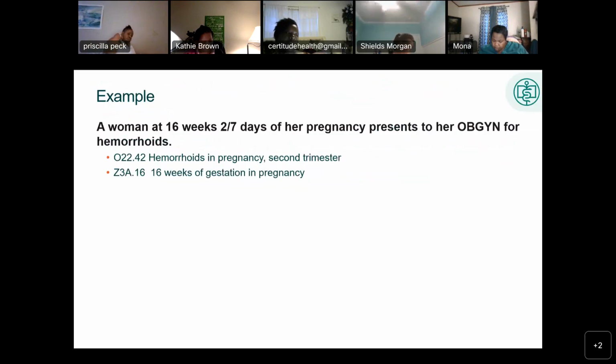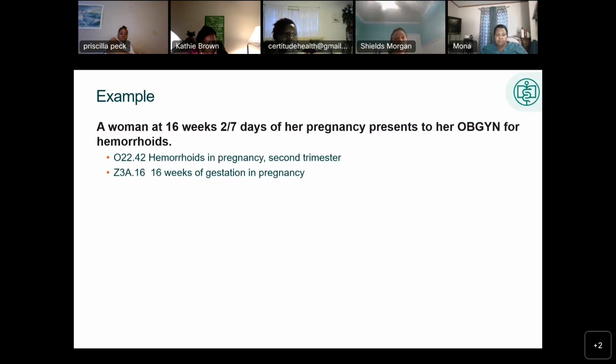Here's an example, a visual of what I was trying to share. A woman at 16 weeks, 2 days of her pregnancy presents to her OBGYN for hemorrhoids. So there's a diagnosis that is hemorrhoids in pregnancy, second trimester, which if you were searching for that in the index, it would be pregnancy complicated by hemorrhoids. And that code is O, not zero, but O, 22.42.